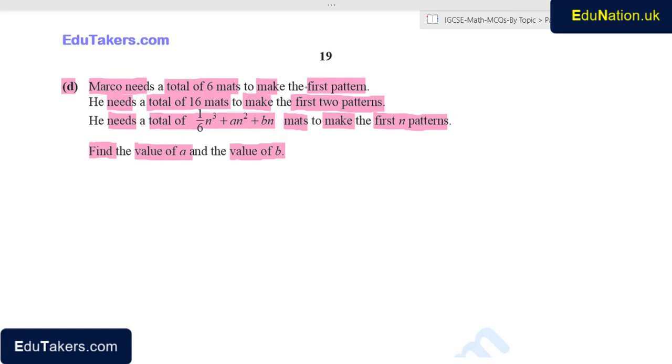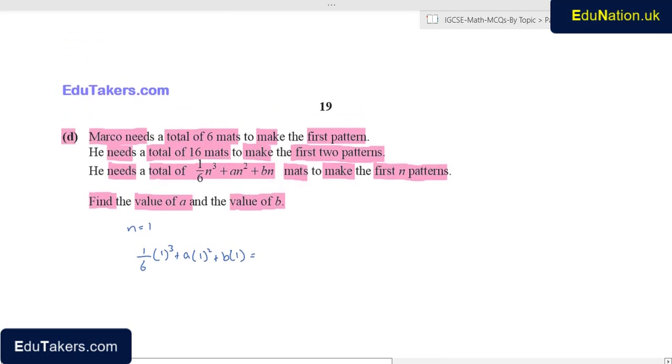For first pattern, n is equal to 1, 1 over 6 into 1 cube plus a into 1 square plus b into 1 equals. For first pattern, he needs a total of 6 mats, so this is equal to 6.